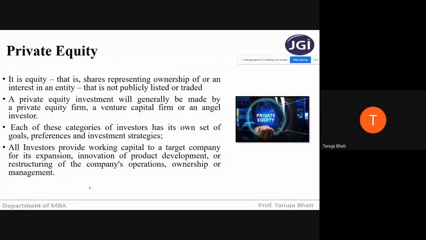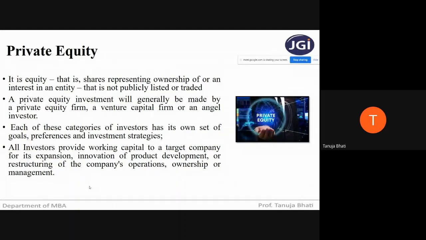So private equity is a type of equity consisting of equity securities in companies which are not publicly traded, in order to reconstruct those companies so they perform better and make their operations better.